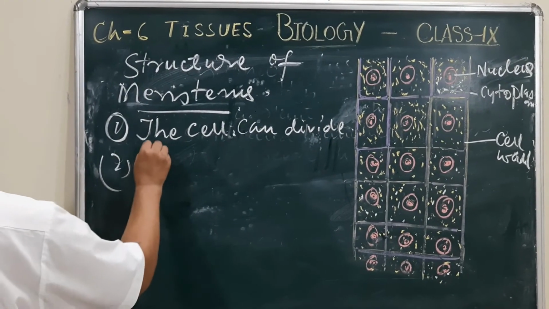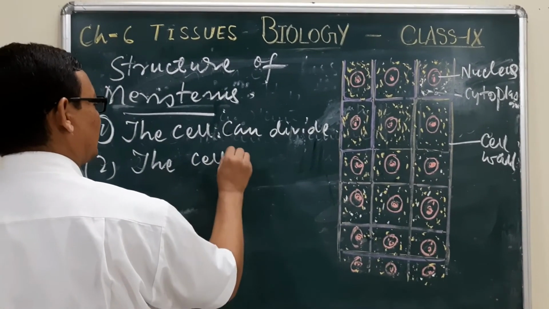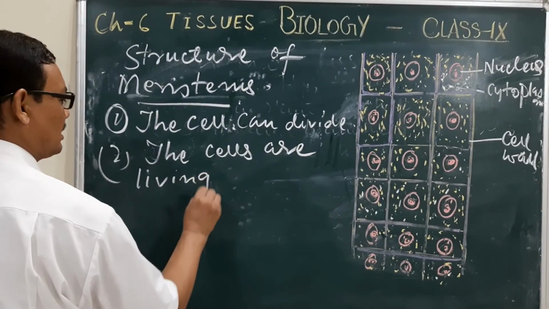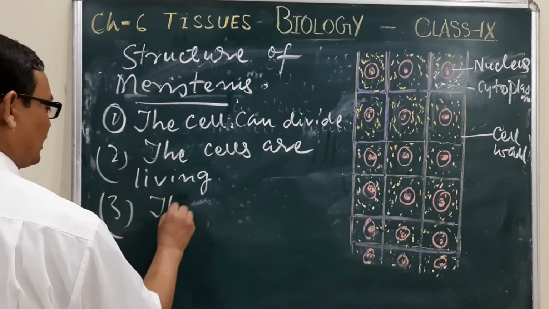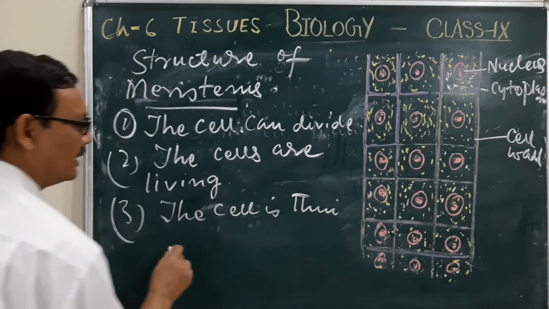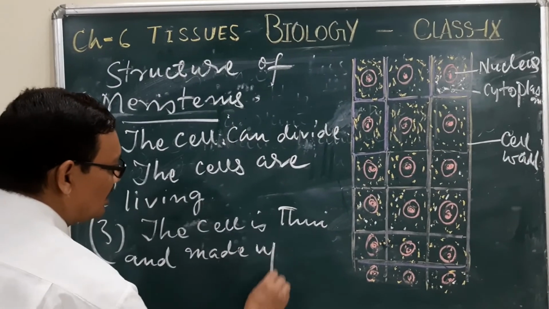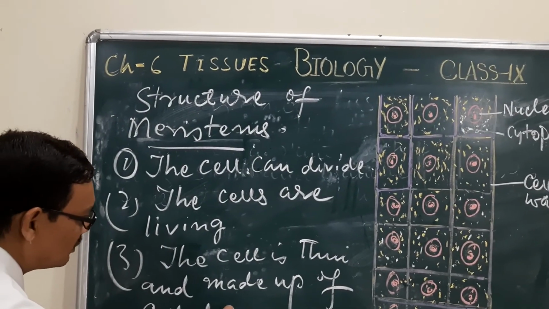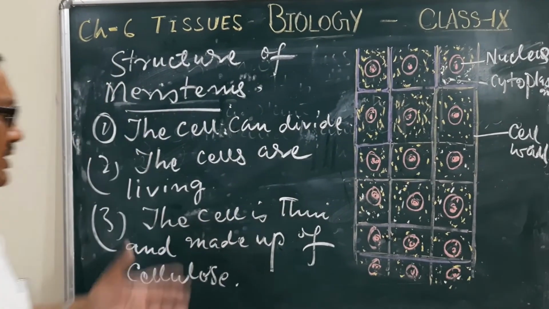Number 2, the cells are living. Number 3, the cell wall is thin and made up of cellulose, or you may write that a cellulosic thin cell wall is present.